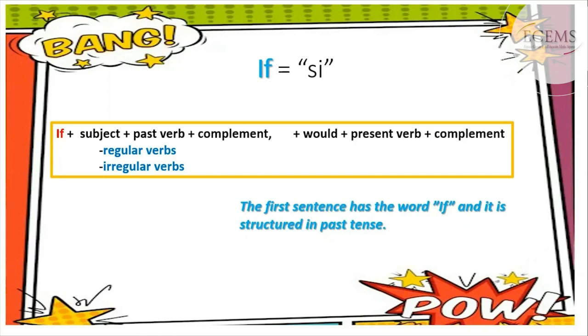No importa el condicional que usemos, la partícula if estará incluida. It's important to mention that the verb in past will come in the same clause with if. El verbo en pasado siempre irá en la misma cláusula que if.